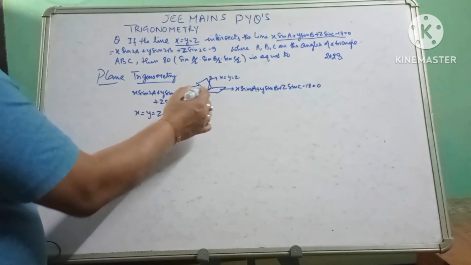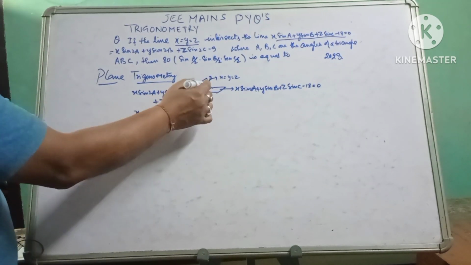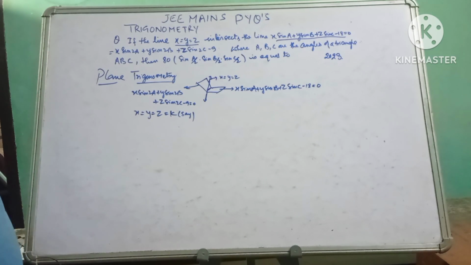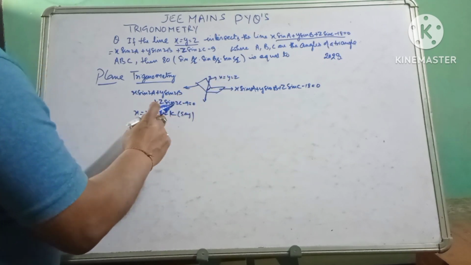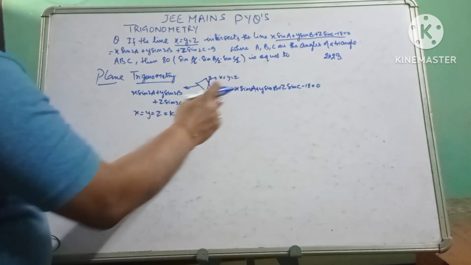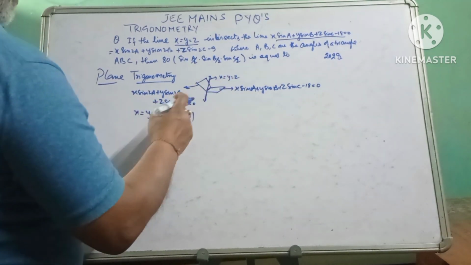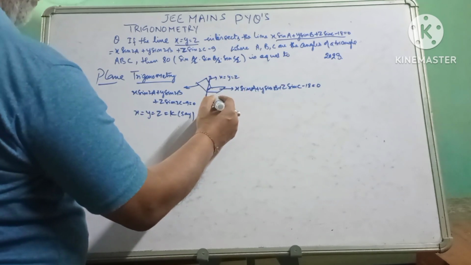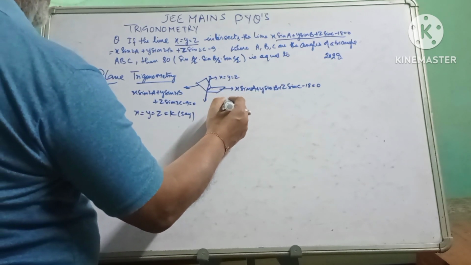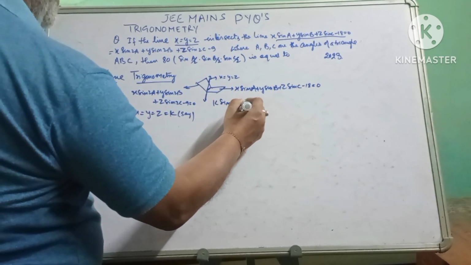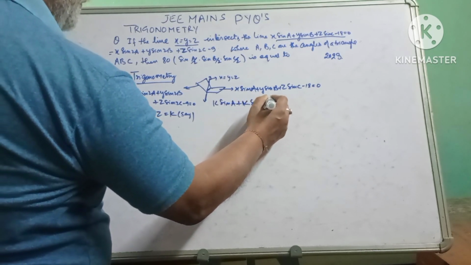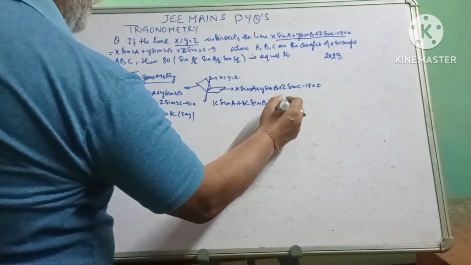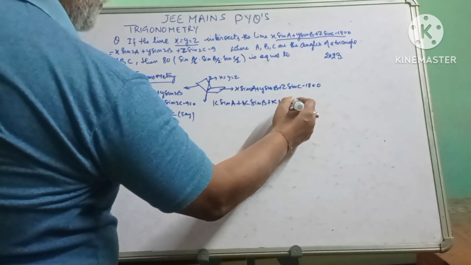Since this line intersects here, we can place the value of k instead of x, y, z in this plane: k sine A plus k sine B plus k sine C is equal to 18.